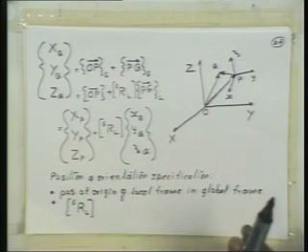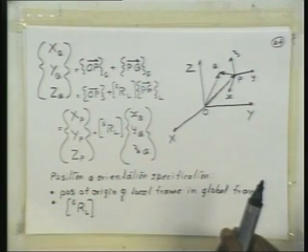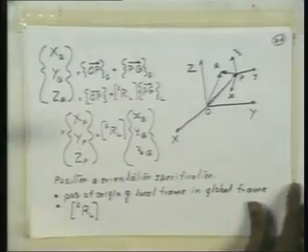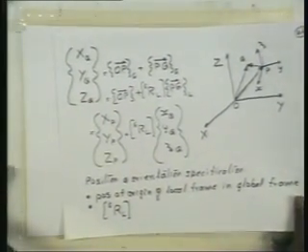So we have essentially 12 parameters for describing position and orientation of rigid bodies. There are other ways of describing this. We will not get into that in detail.